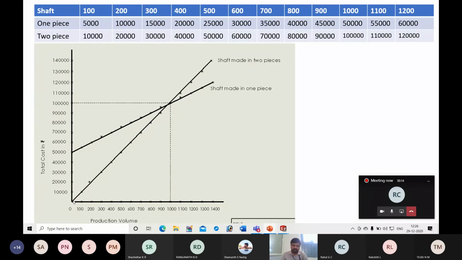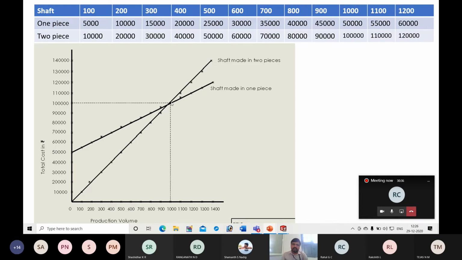That's why there is no fixed cost for the shaft made of two pieces, and it will start from 0. Then the variable cost for 100 is 10,000, for 200 it is 20,000, then 30, 40, like that it will vary, and you are going to get this line.